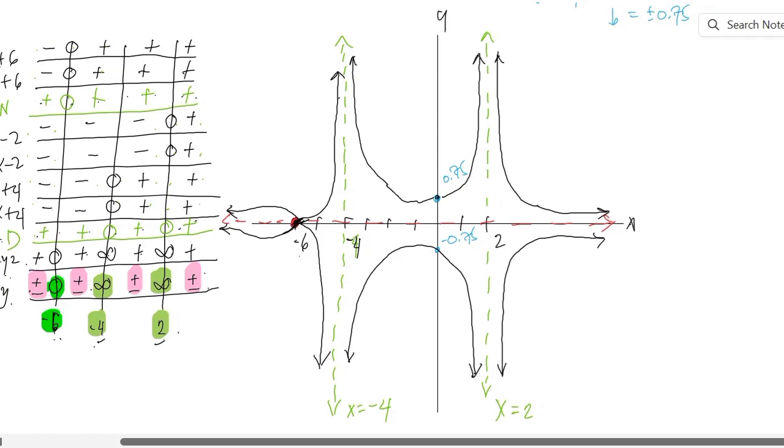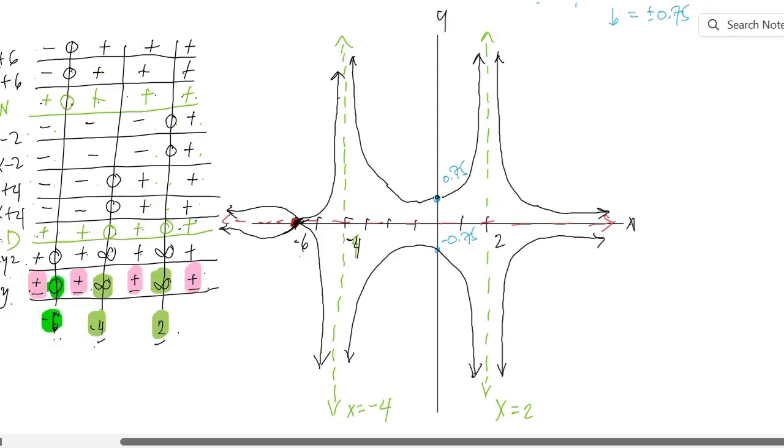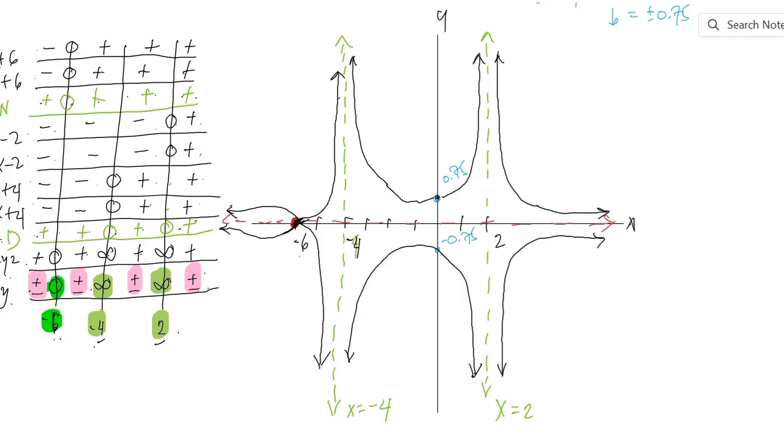Let us now discuss our curve. Since we already determined the symmetry, the intercepts, and the asymptotes, we just talk about the domain.